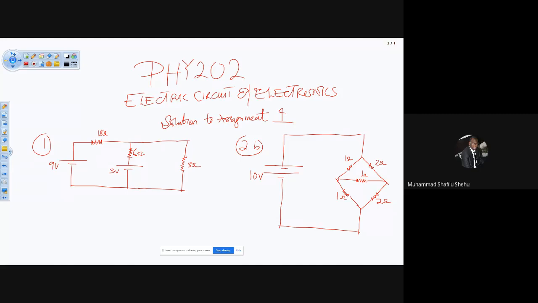Like this, right? Yes, sir. So we have reached the junction. What do you think will happen at the junction?